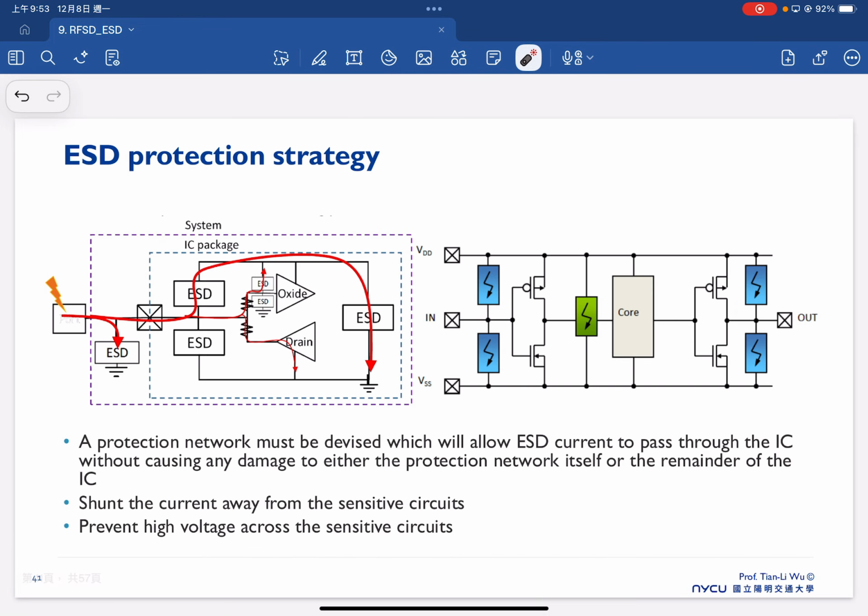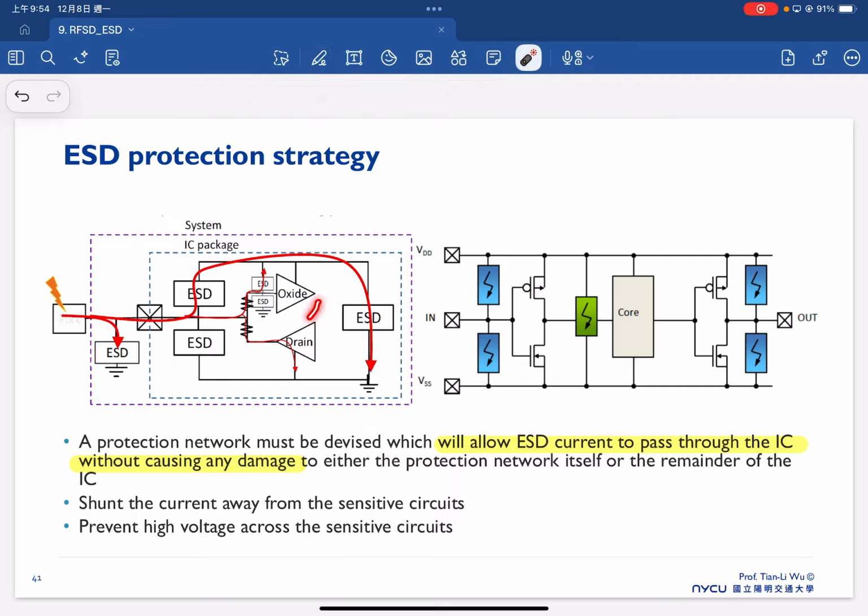And here is just another slide to illustrate the general strategy for ESD protection. If you look at ESD protection, we can consider it with respect to several levels. The first one is that nearby, a protection network must be a device which allows ESD current to pass through the IC without causing any damage to either the protection network itself or the remainder of the IC. So here is an example.